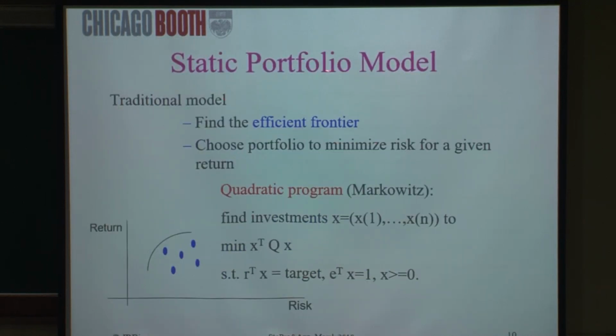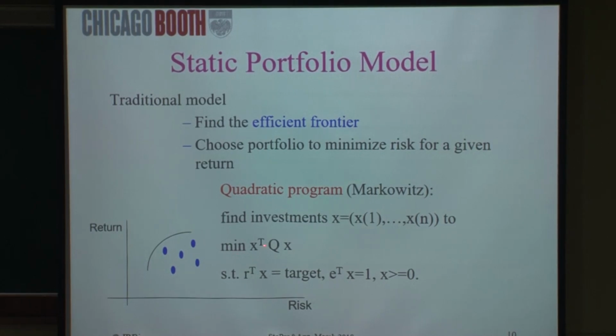What happens in the static portfolio model? Well, the static portfolio model is that you find an efficient frontier. You find the minimum risk for a given return. You choose a portfolio that minimizes risk for a given return, but it's always just a single period allocation. So you're just looking at one period at a time and then trying to decide what you should do for that single period.